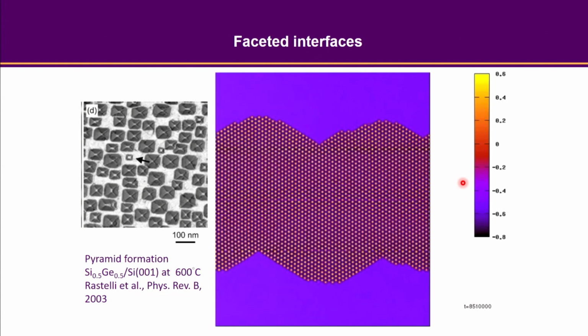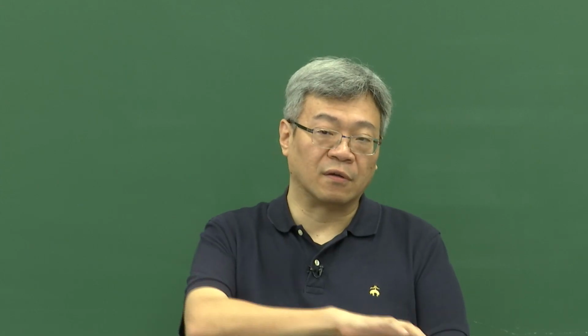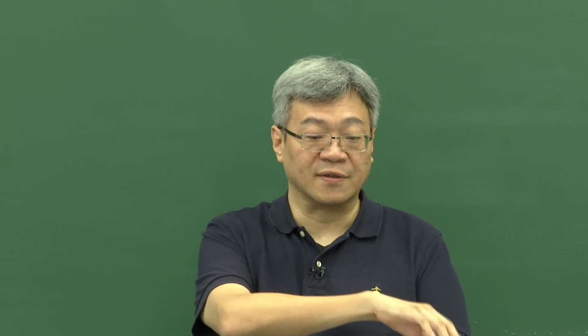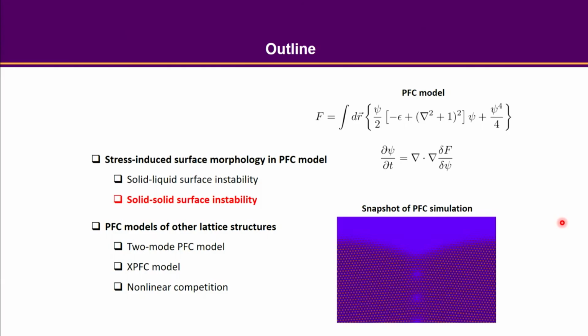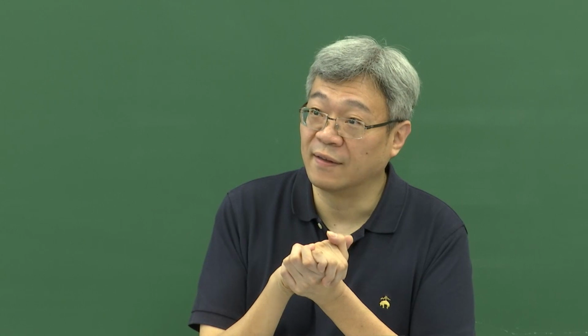I think there are some papers that have been doing that, but still there is a lot we don't understand yet. Okay, so that would be my introduction to the phase field crystal modeling of this solid-liquid ATG instability. Okay, maybe we can move on to the next topic.